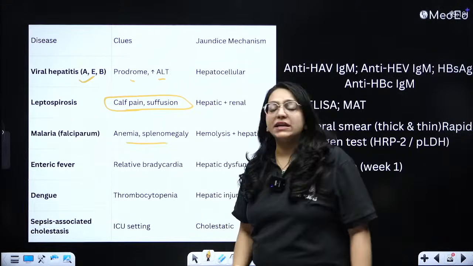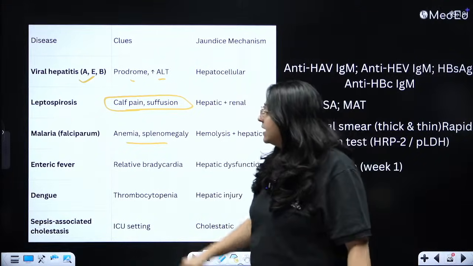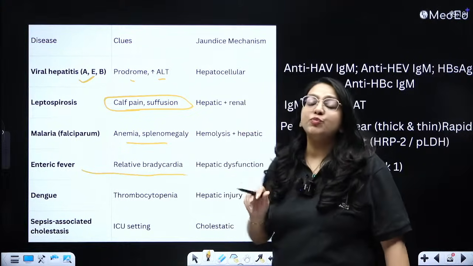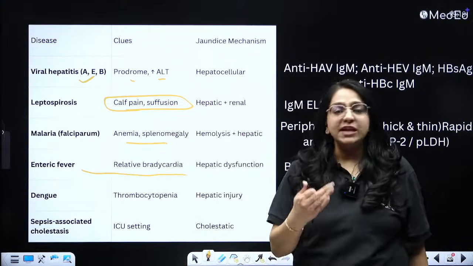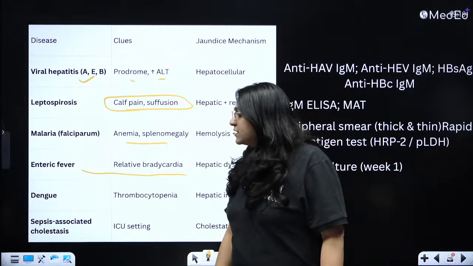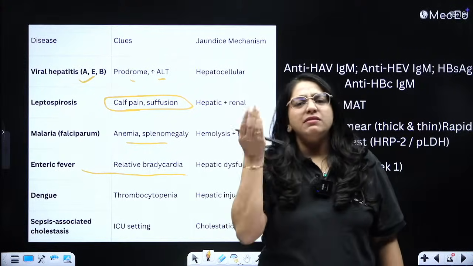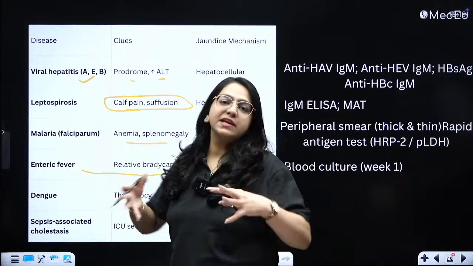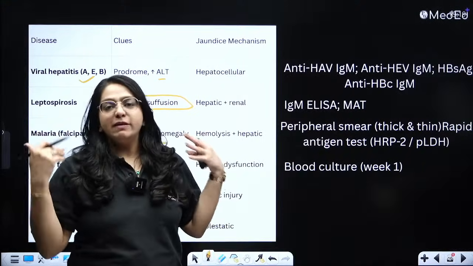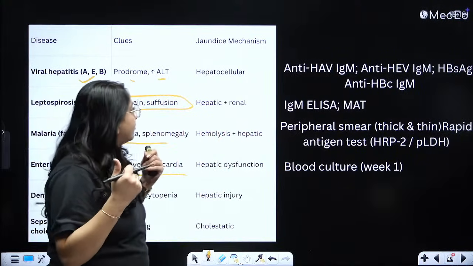Malaria is less likely because anemia is not there and splenomegaly is not there. Enteric fever also needs to be proved on culture. Dengue is not so likely because thrombocytopenia is not there. For sepsis associated cholestasis, there is no reason for the patient to go into sepsis. There is no history of hospital stay or prolonged hospitalization. The patient walked into your clinic right from home.